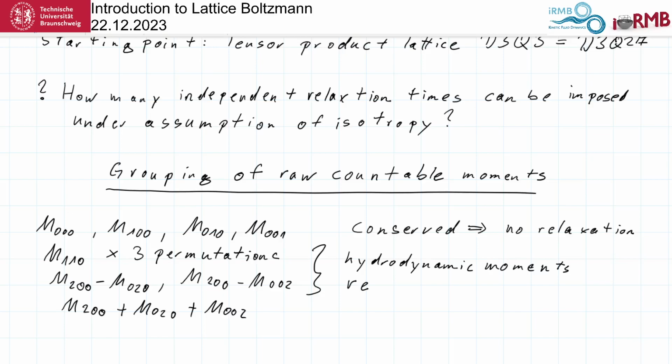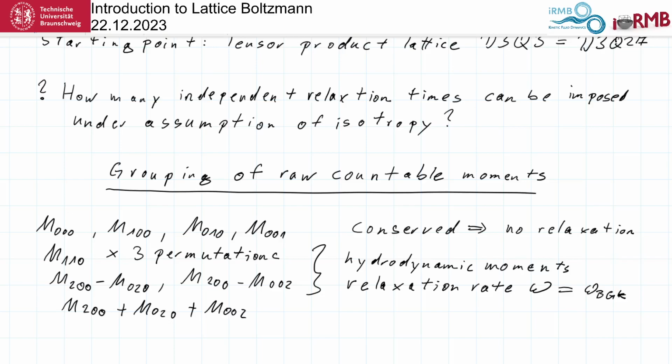And they have the relaxation rate, or inversely the relaxation time. Relaxation rate, we're now using the rate omega, which is the same as in the BGK. So they come with omega BGK.